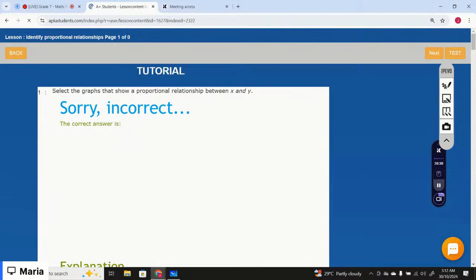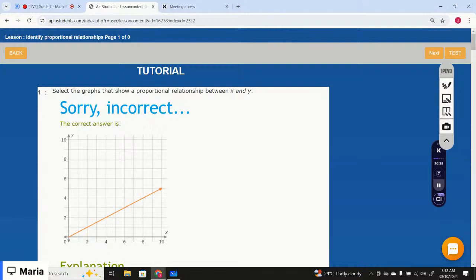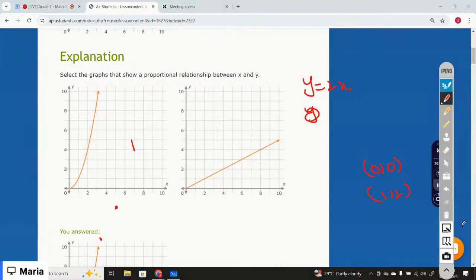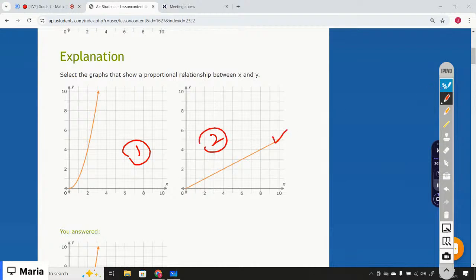Select the graph that shows a proportional relationship between x and y. So you are given two graphs, right? Here is the first one, and here is the second one. Option number 2 is the correct option, right?